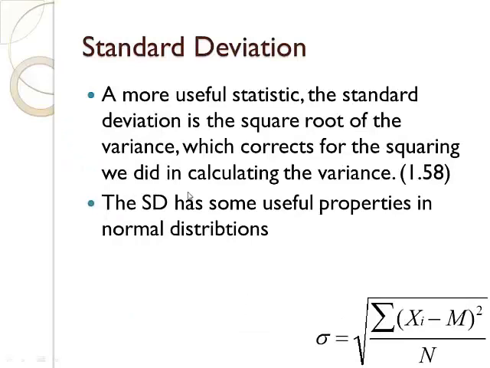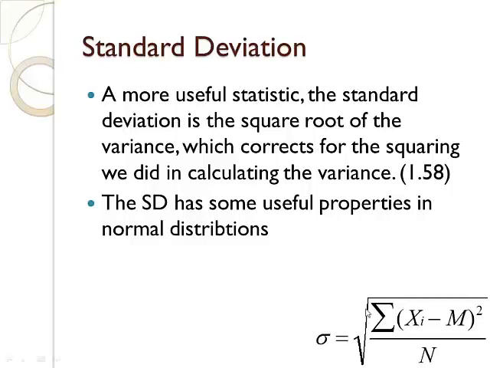Standard deviation is the statistic that you'll see much more frequently, because it is much more useful than the variance. The standard deviation is really just the square root of the variance. So this corrects for that squaring that we did in calculating the variance.